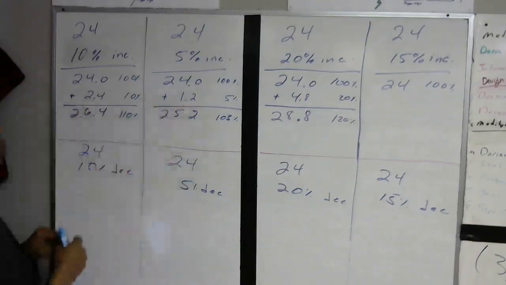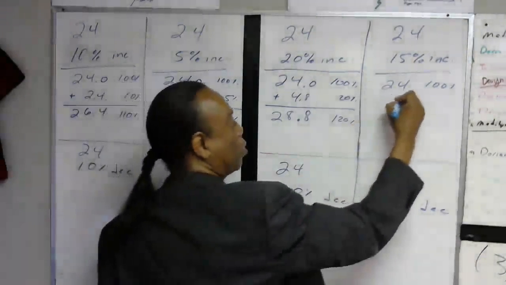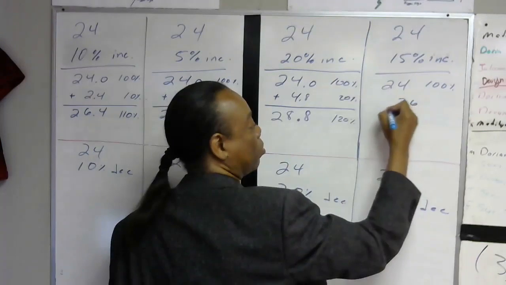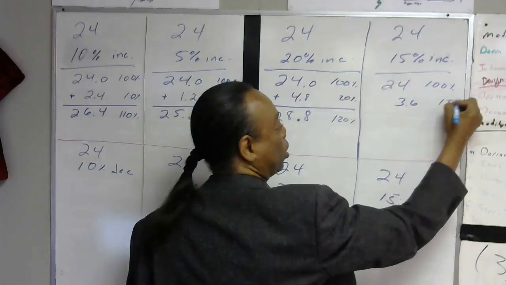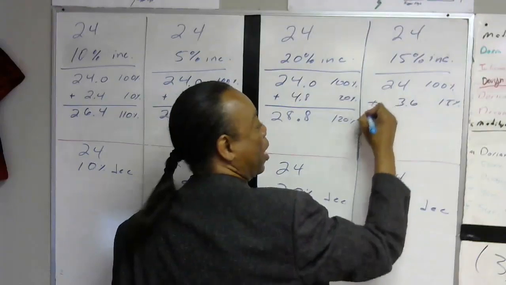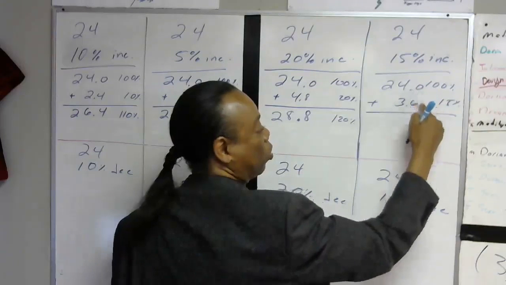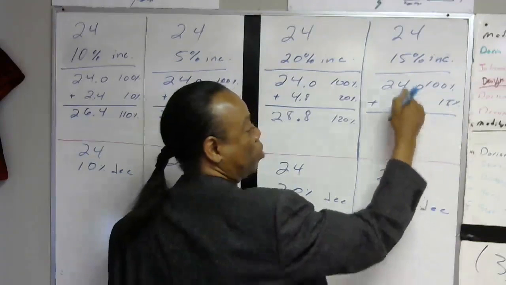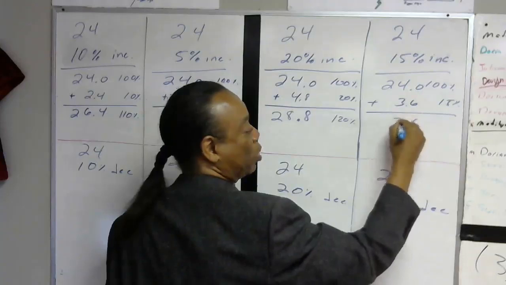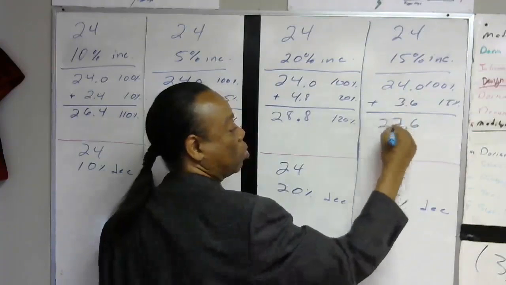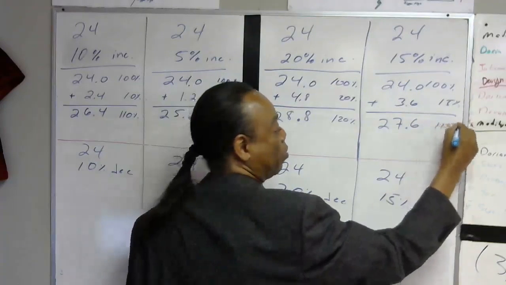So 3.6 here. That's 15%. So we're going to add those. And we'll add a 0 here. So 0 and 6 makes 6. Decimal. 4 and 3 is 7. 2. 2. So this is 115%.